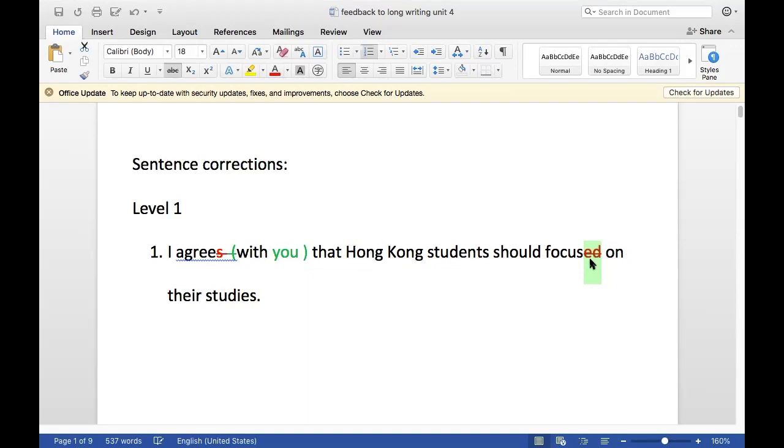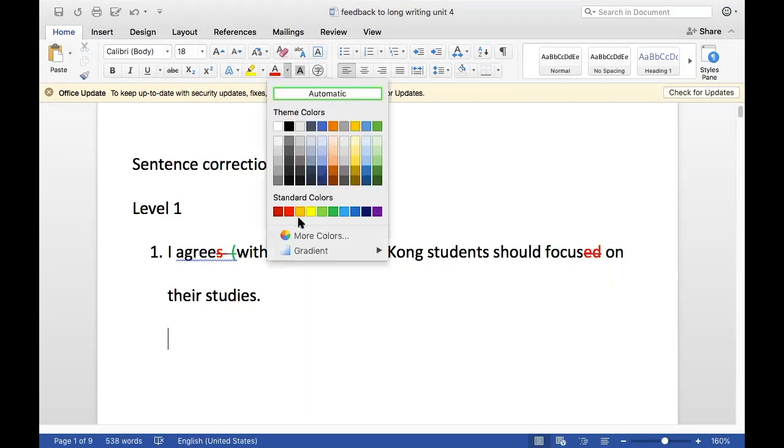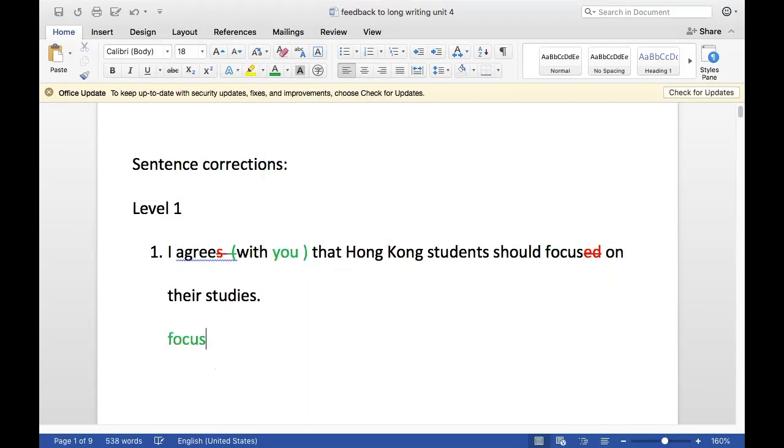Just use an infinitive. We call focus without ED an infinitive. That means the base form of a verb after should. Should focus. Please put down in your notebook.